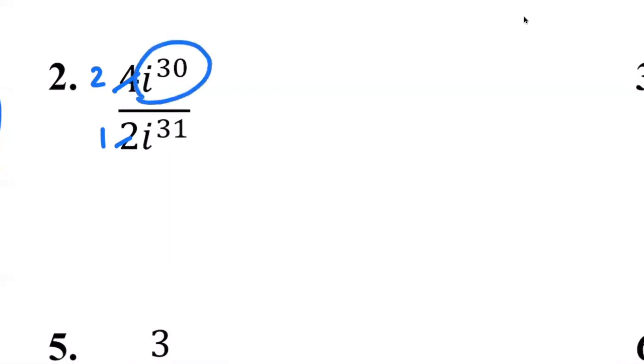Or if you remember from Algebra 1 the way you handle exponents, you have i times itself 30 times in the numerator, and i times itself 31 times in the denominator. So you actually would have just a single i remaining.